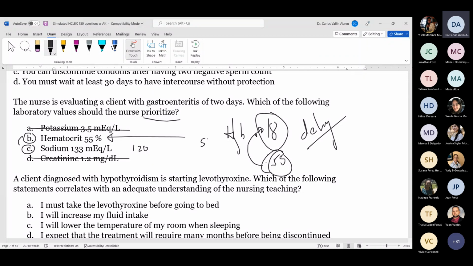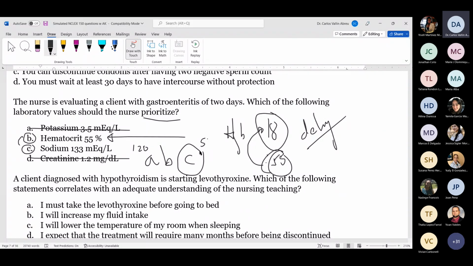So if you have this question with a 133 non-critical sodium, a 55 hematocrit and evidence of important dehydration, I think that if you have a similar question in your NCLEX, you should give priority to B, the dehydration, because A, B, C is a problem of C, circulation: fluid volume deficit, hypovolemia, yes? The 133 of sodium can be tolerated because it's not critical.